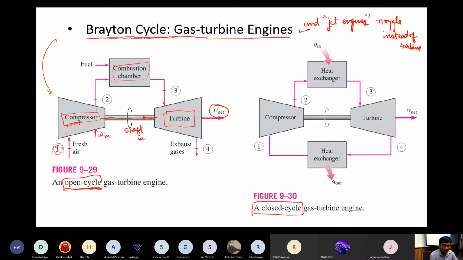After doing some work in the compressor, this fresh air is compressed to a higher temperature. Remember, in all these cycles I am talking about, the working fluid is air. That is the typical trait of all the gas power cycles.